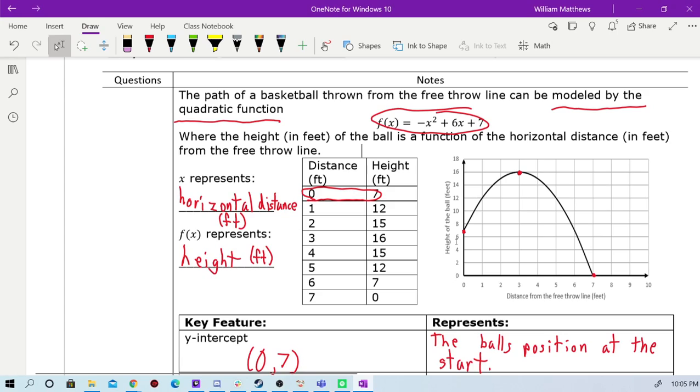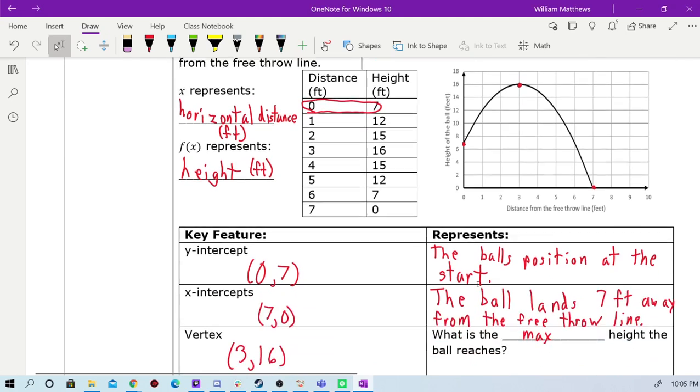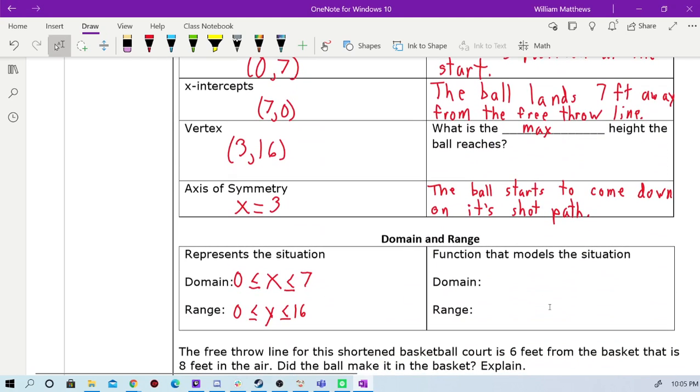That would be the same as putting arrows on both ends, allowing us to go through the floor, or even starting past the free throw line. So in this case, if we are saying that this goes on forever in both directions, we have all real numbers for our domain. We're saying that it can be negative values and it can go past where it hits the ground.